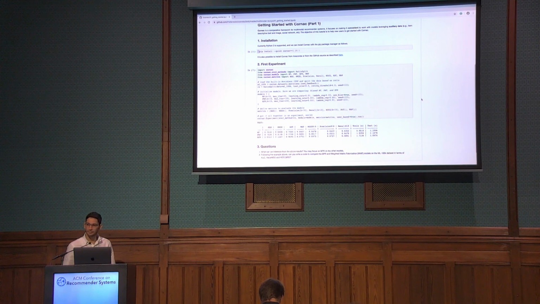Another question is, going through the models in the Cornac repo on GitHub, most are named with three-letter acronyms. Do you have a mapping between full model names and acronyms? That's a good point. If you want to get the whole model name, I think on the README page we often try to put the titles of the papers there.